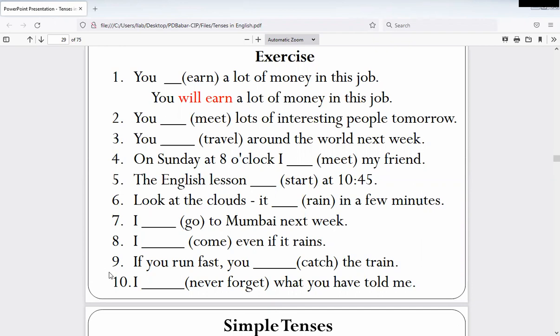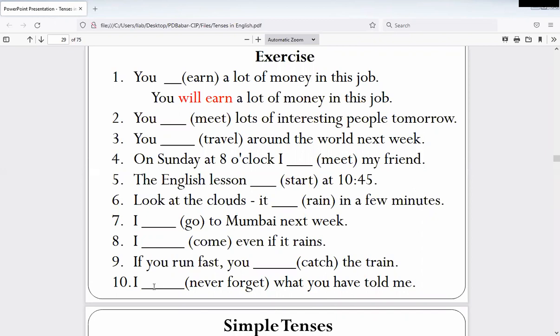Okay, the 10th sentence is, I (never forget) what you have told me. You have told me means, in the past situation, someone has told that person, and that person is talking about that incident.